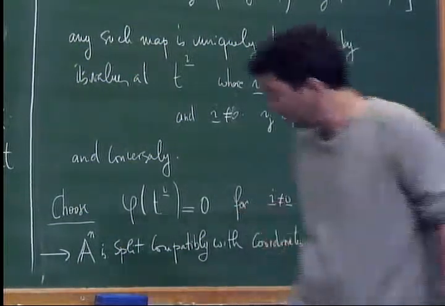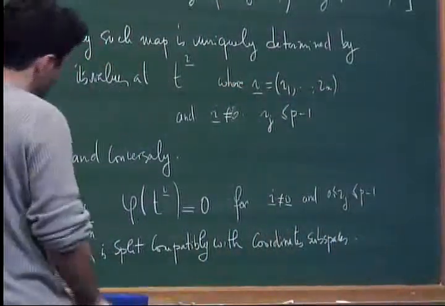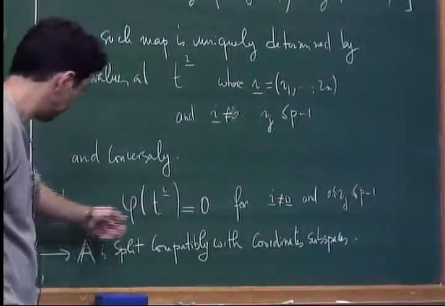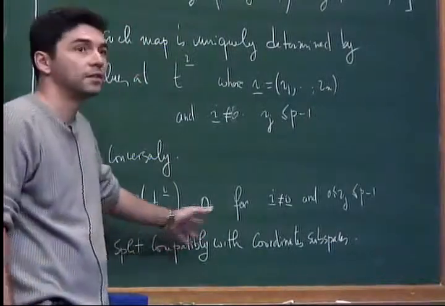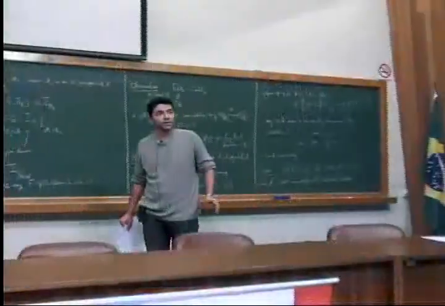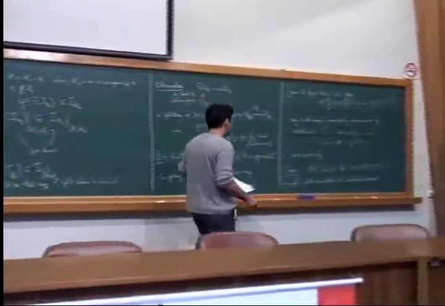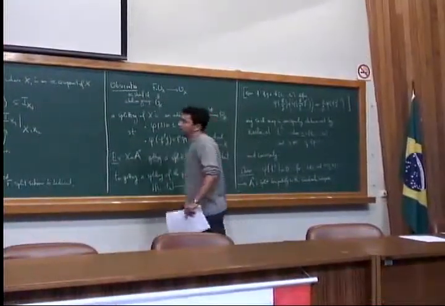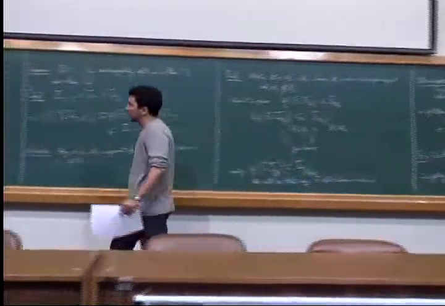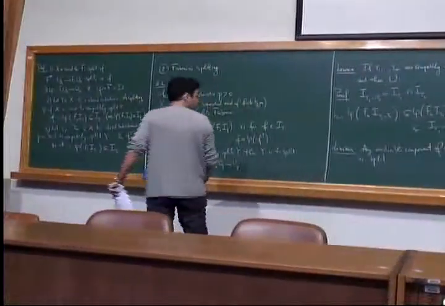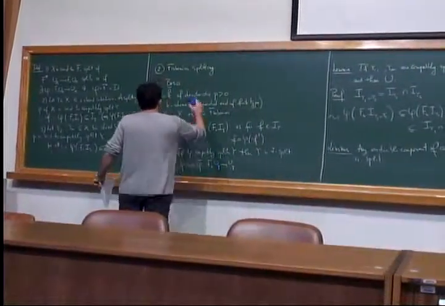If Y is given by the vanishing of some of the coordinates, you check that this splitting compatibly splits such a linear subspace. Okay? So in fact there is a more general result saying essentially that in the smooth affine case you get nothing.